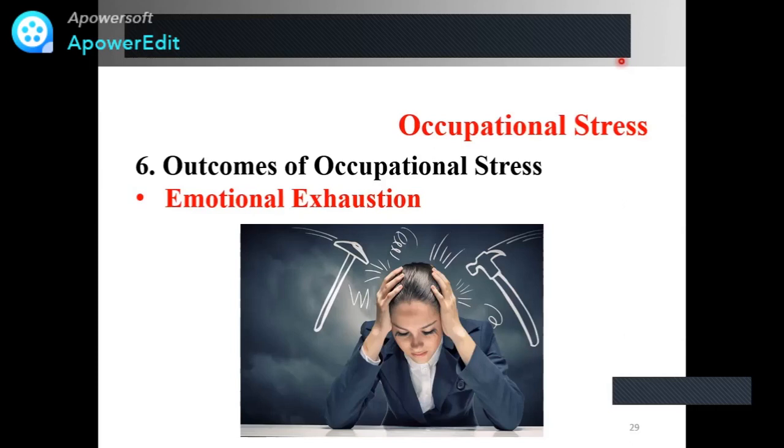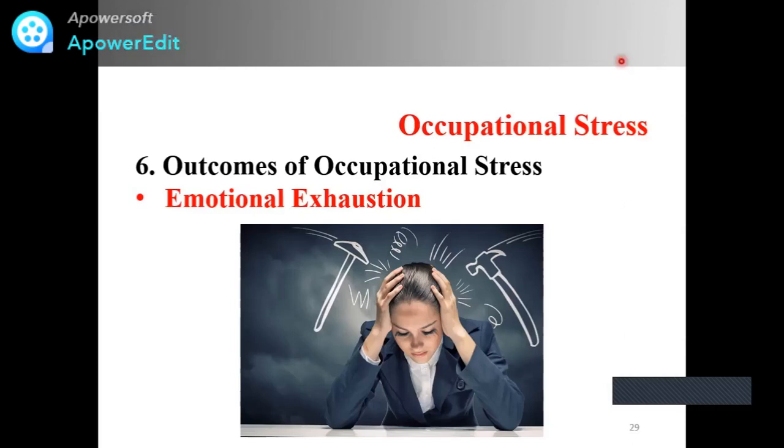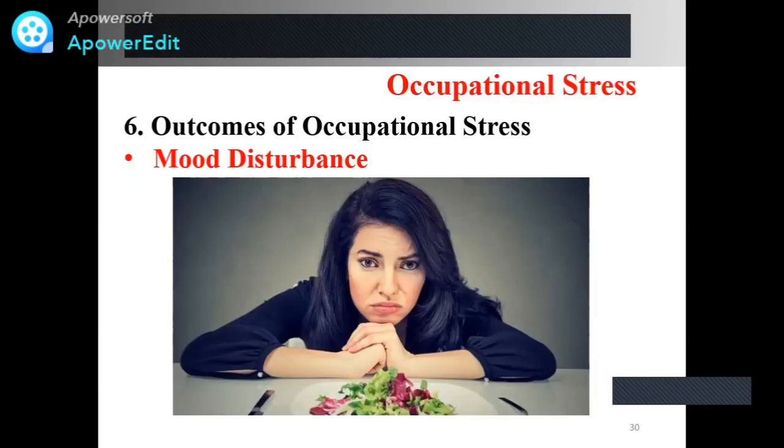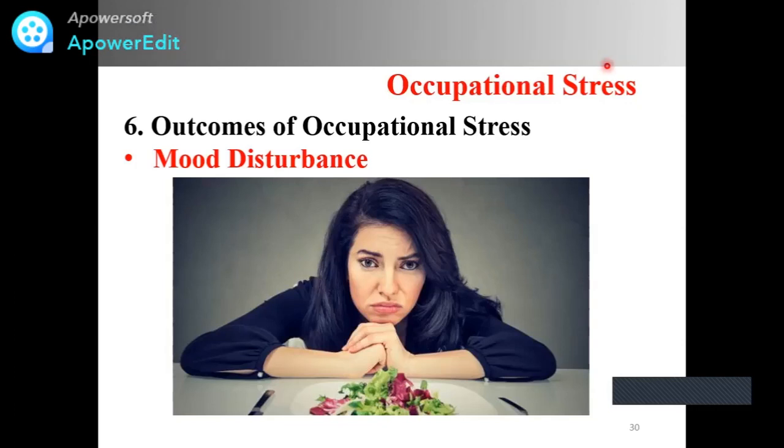Emotional exhaustion is a state of feeling emotionally worn out and drained as a result of accumulated stress from your personal or work lives, or a combination of both. Mood disturbance. Chronic stress can lead to mood disorders such as depression and anxiety, cognitive or thinking problems, personality changes, and behavioral problems.